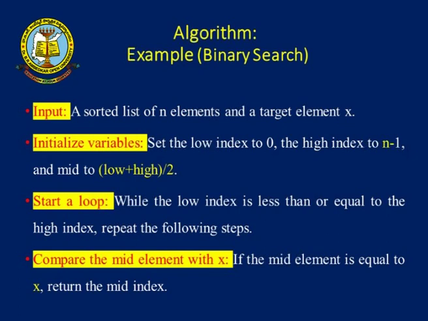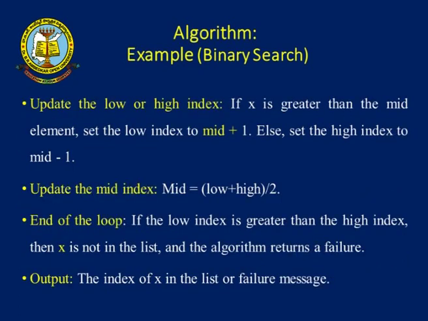Next, compare the mid element with x. So, we have taken the lower index, higher index and mid element. Now you have to compare your element with the mid element, because the elements that we have taken are in sequential order. Whatever elements we find in the first half will be the lesser elements, and whatever we get in the next half will be the higher elements.